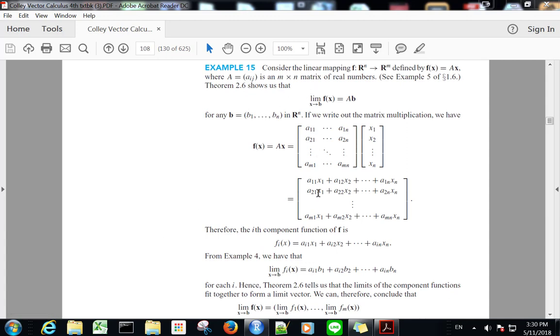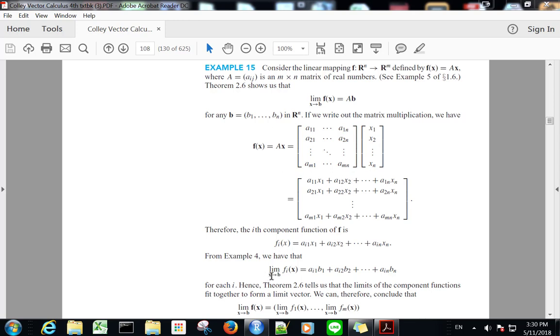So that's what we're facing now in this problem, because we want to do the limit of this as x goes to b, but we can write it in terms of its component functions here. But each of these component functions is a linear function of x, so we can just drop in what x1 is, what x2 is, because we're doing that here.